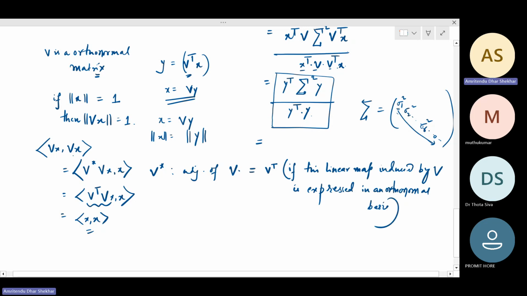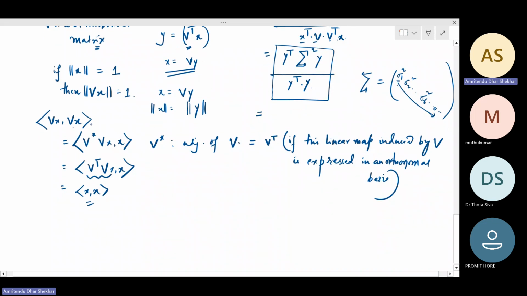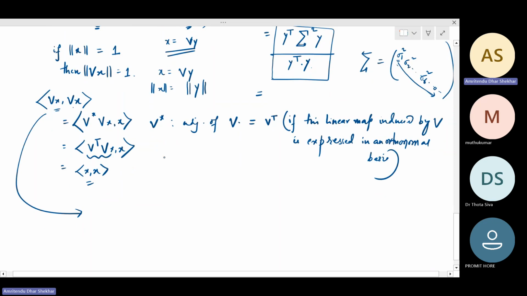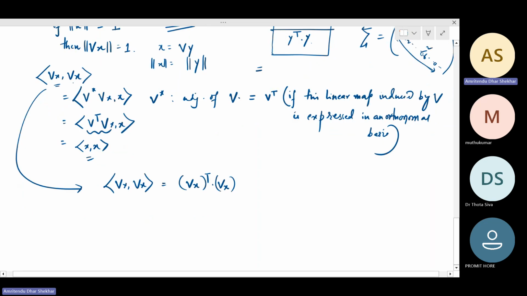If you do not like this kind of an abstract argument, it is true in general for inner product spaces, but since we are dealing with Rn, we don't have to worry too much. If you just write the inner product of Vx with Vx, this is just equal to Vx transpose times Vx. This is how the inner product in Euclidean spaces is. So this is equal to x transpose V transpose V times x. So that is equal to x transpose x.